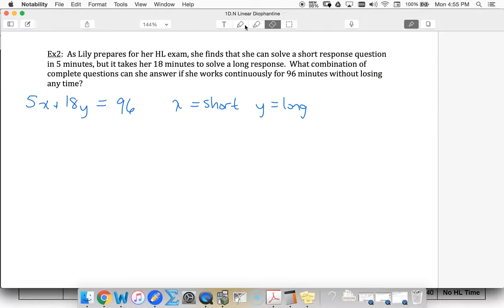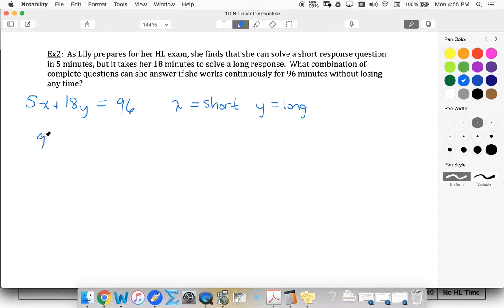We can only look for integer solutions, which is how we know it's Diophantine. The GCD of 5 and 18 is 1, so of course it's going to be a divisor of 96. All right, so let's work this out and see what we can find.